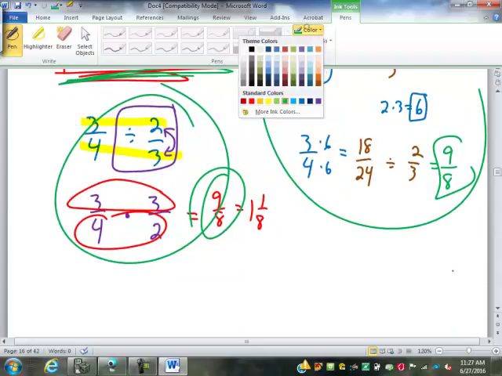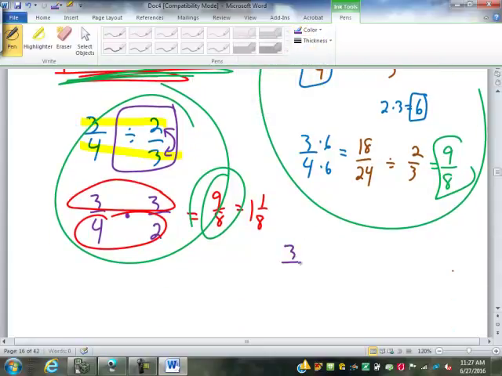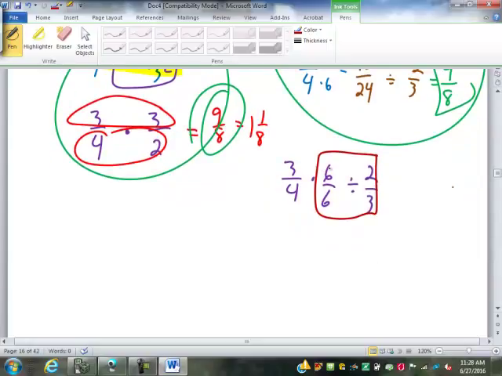What we did here was this. We had 3/4. We multiplied by 6/6, and then we divided by the 2/3, right? Somewhere along the line, somebody looked at this and realized, hey, if I did that piece first, 6/6 divided by 2/3, what's 6 divided by 2? 3.